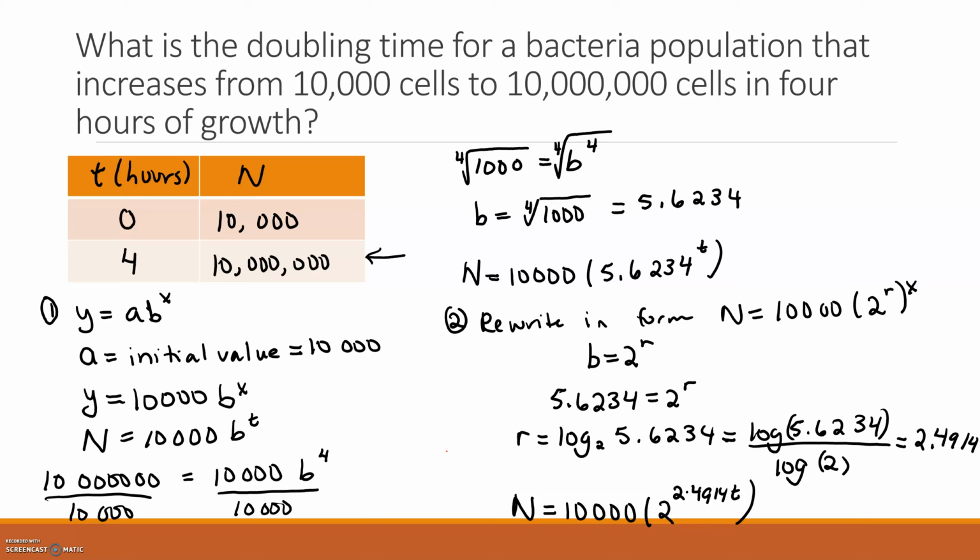We're just looking to re-express it with a new base. So we wanted to change our base from being our b value of 5.6234 to having a base of 2. Now we're going to plot that equation in Desmos and confirm that it is the same as our original equation.